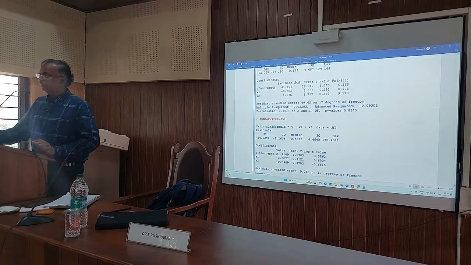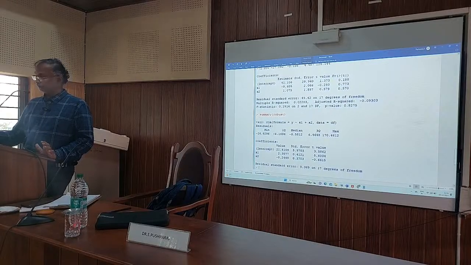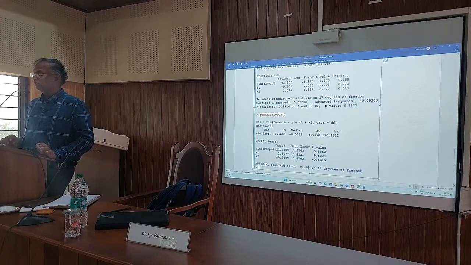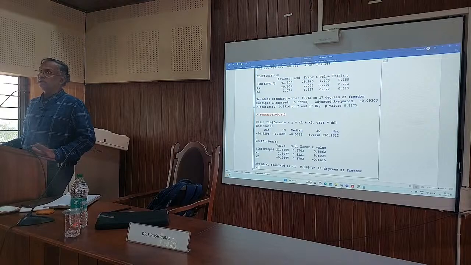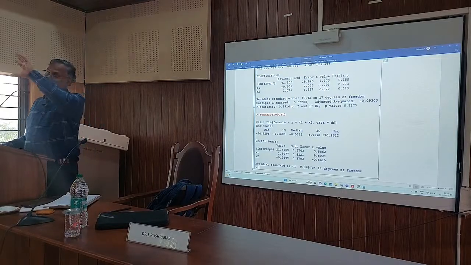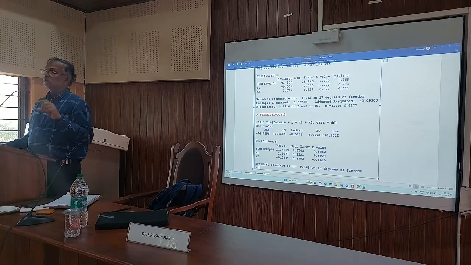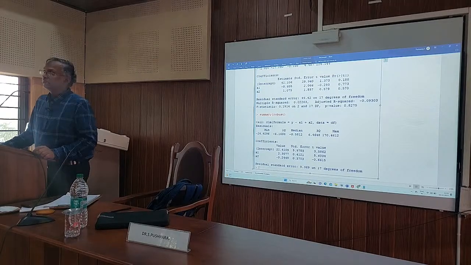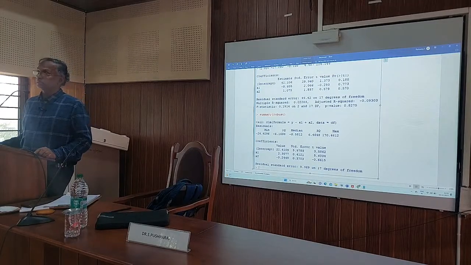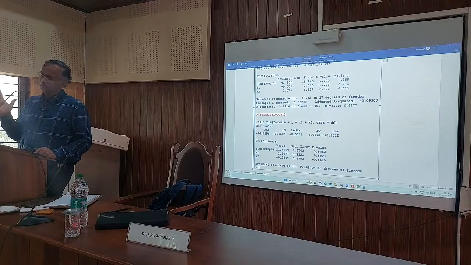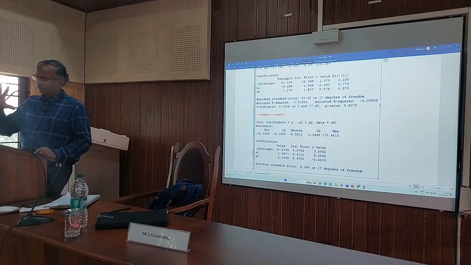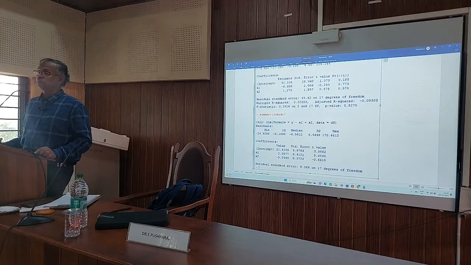The t-values have significantly improved, mind you, and the standard errors are reduced. You know why? The standard errors of the coefficients are determined by the variance of the residuals. The standard deviation of the residuals plays an important role in determining the standard errors of the individual coefficients.